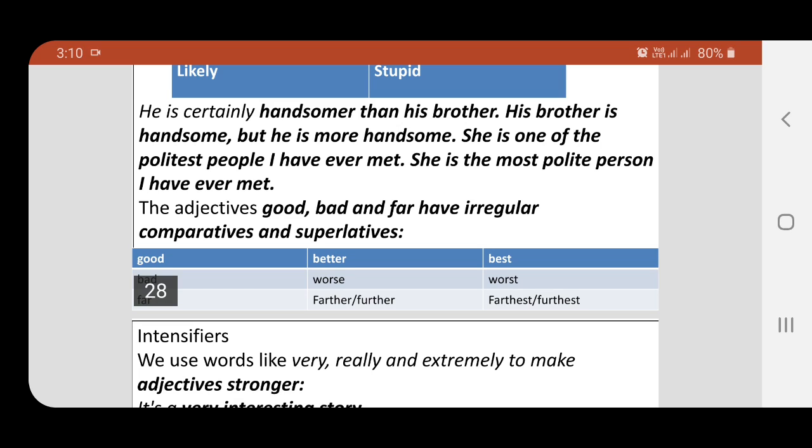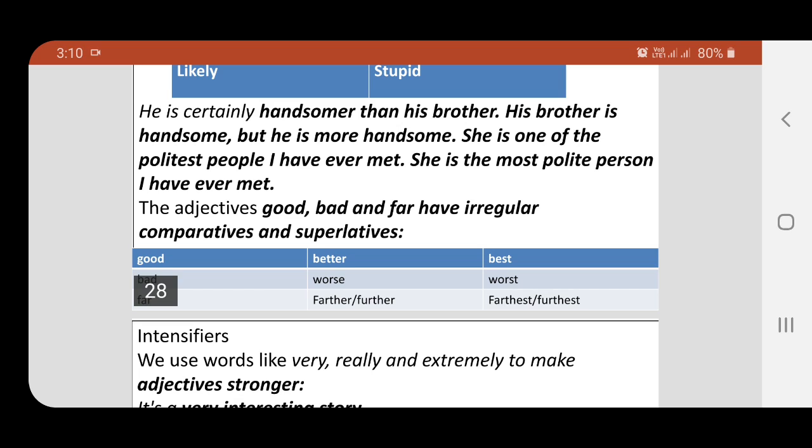The adjectives good, bad, and far have irregular comparatives and superlatives. Good becomes better. So these are all irregular comparative and superlative adjectives. We should not say gooder, goodest, that is wrong.